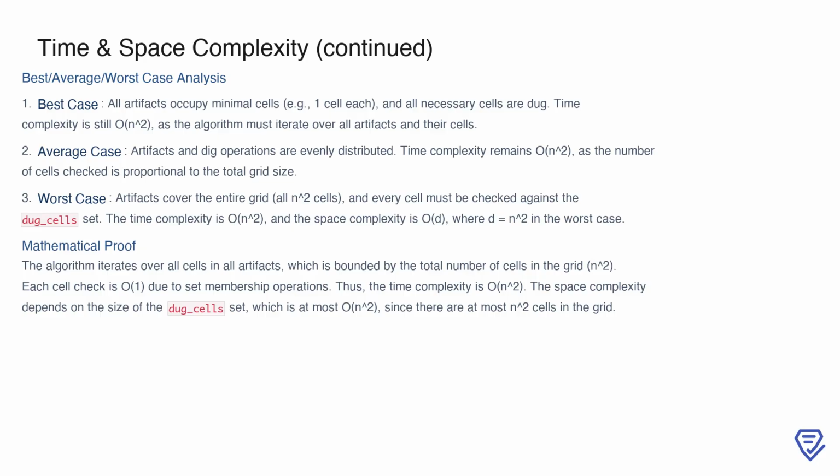To formalize this, the algorithm iterates over all cells in all artifacts, which is bounded by the total number of grid cells, n². Each cell check is O(1) due to the efficiency of set membership operations. Consequently, the time complexity is O(n²), while the space complexity depends on the size of the dug_cell set, which is at most n², since there are no more than n² cells in the grid.